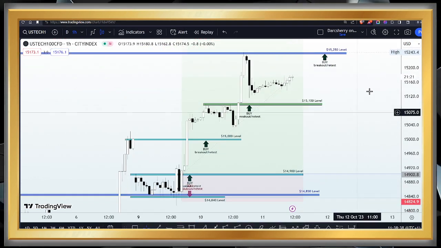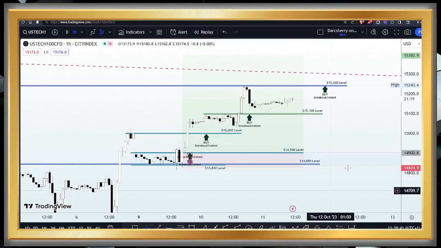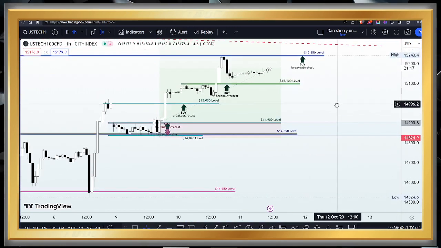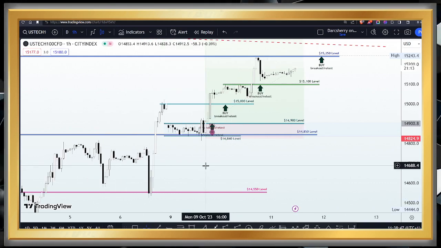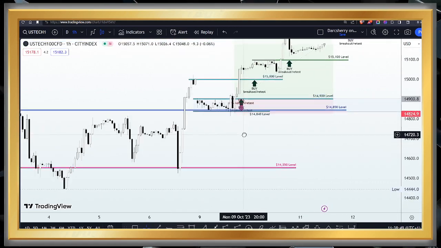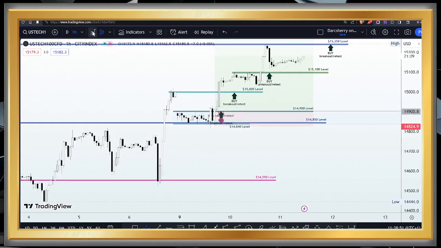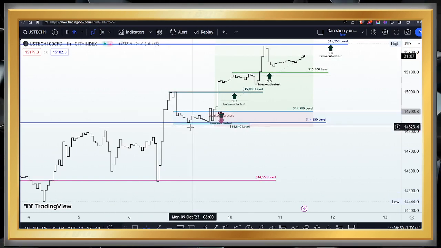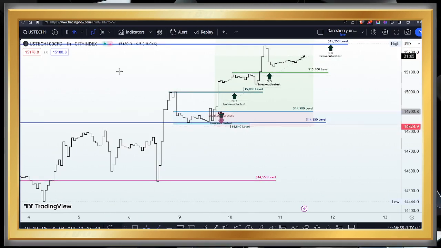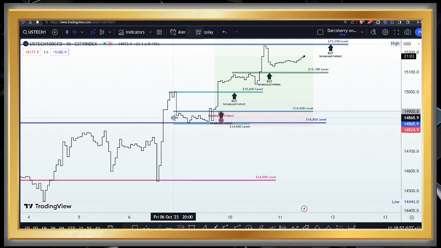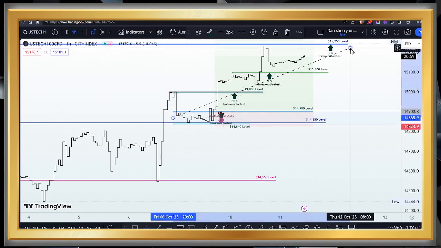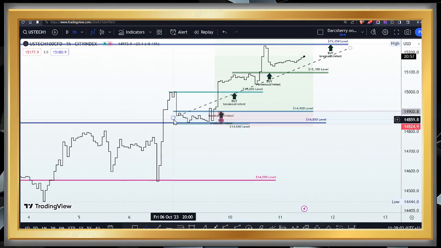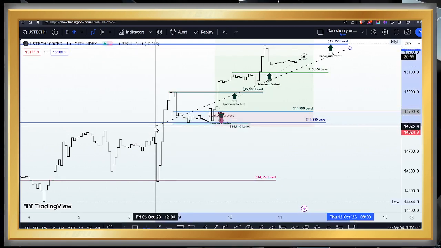Now, to help guide our decision for today, I would like us to mark out a trend line that we will be using to guide our decisions for today's trading session. And if I bring out my line chart and look at what has been going on here since the beginning of this week, we have a beautiful trend line here that we can use to guide our trading decisions.